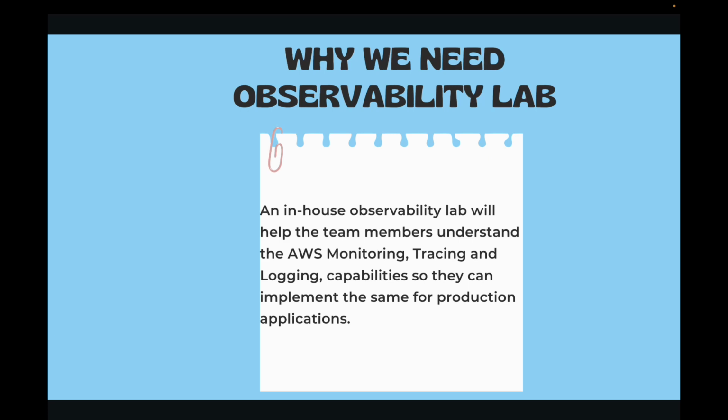Once you have this lab, whenever they have a question or want to test something new, they can always try it in the in-house observability lab first, and then go ahead and do it in the production system.